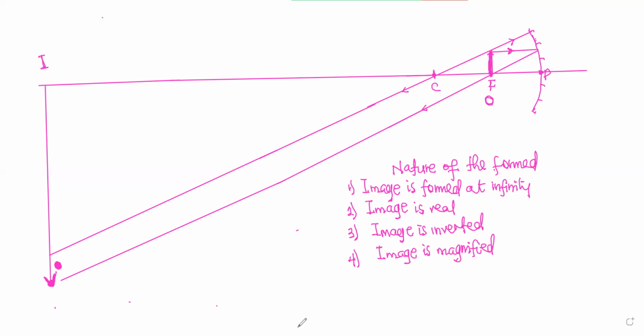So it is for this reason that we've got the characteristics of the image when the object is at the principal focus F. Class, let me quickly update the attendance whilst you draw.